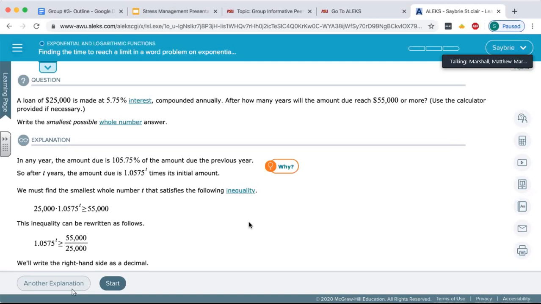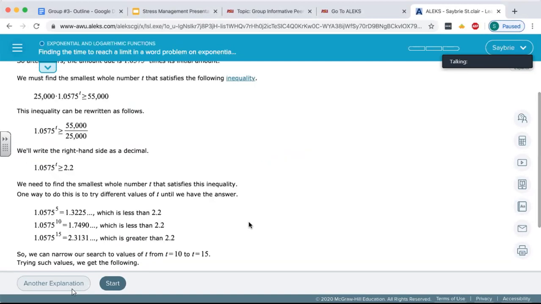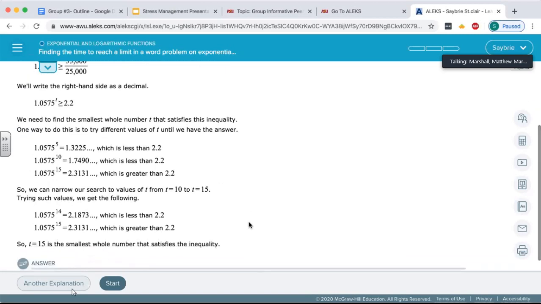Must be more. All right, go down a little bit. We need the smallest whole number that satisfies the inequality.